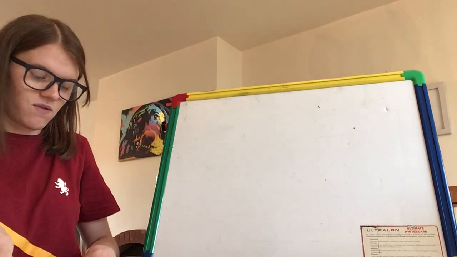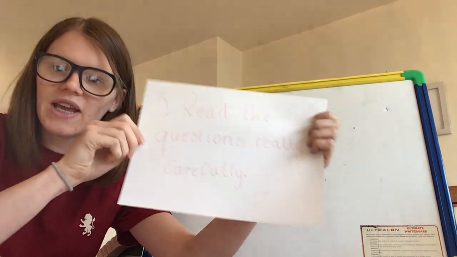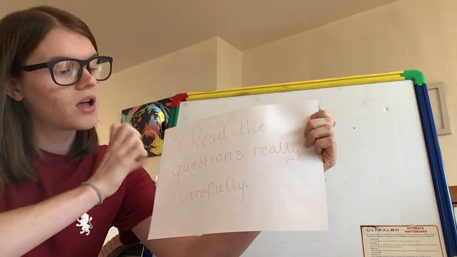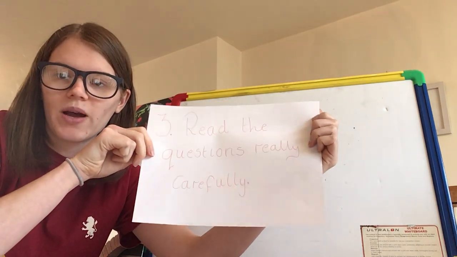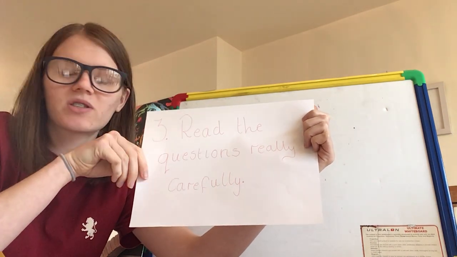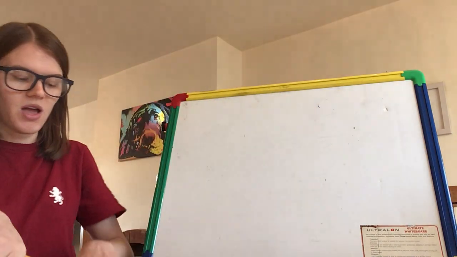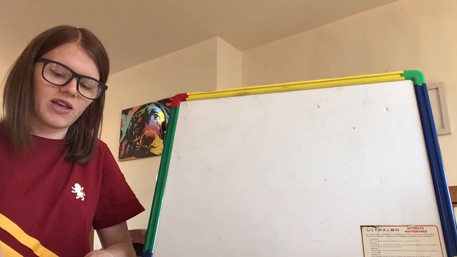They'll be massively helpful. Read the questions really carefully, okay? Because there'll be certain words in the question that tell you what kind of sum it is, whether it's an addition or a subtraction. The words in the question will help you. And I have very helpfully written them down for you, okay?